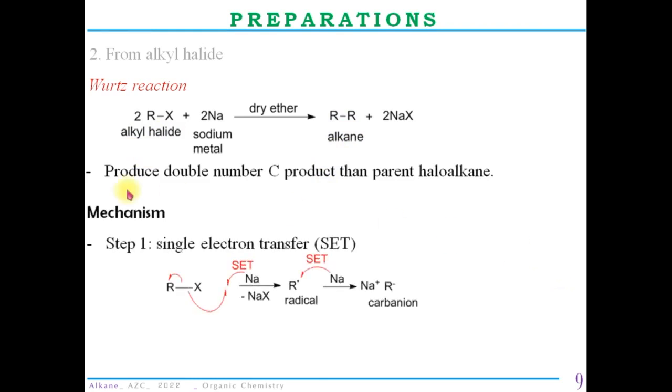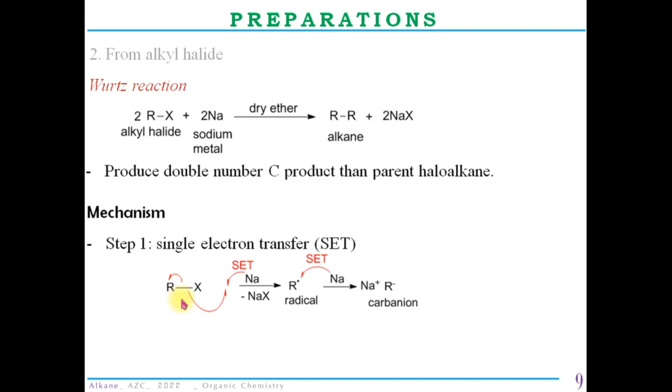of this reaction comprises two steps, where step number 1 is a single electron transfer mechanism. Over here the mechanism is explained by the movement of single electrons, and the arrow pushing mechanism contains fish hook arrows. So what is happening here?